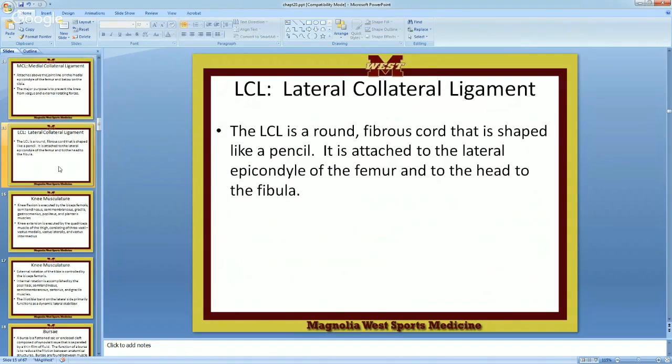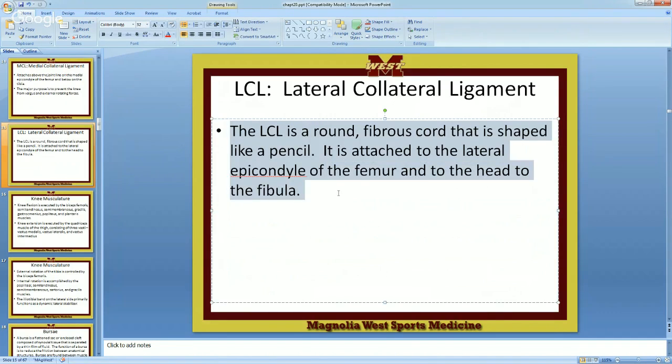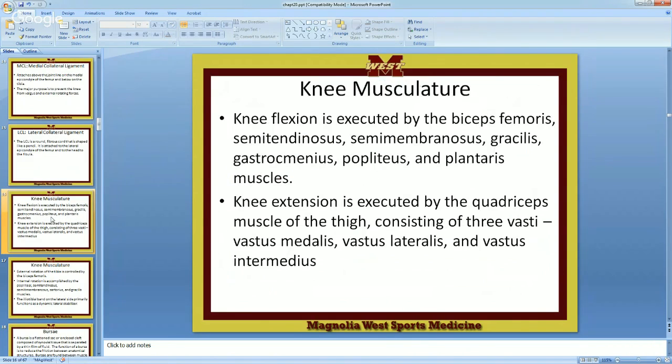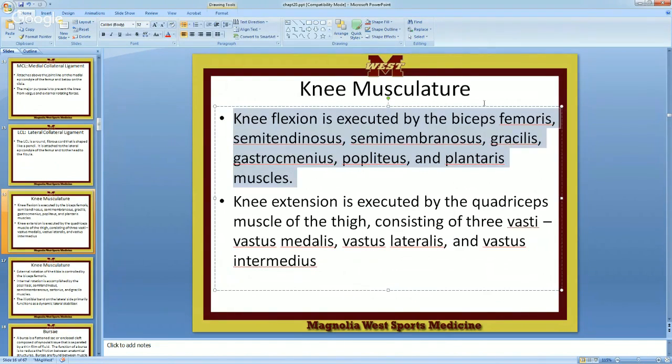15, lateral collateral. It's a round fibrous cord shaped like a pencil. It's attached to the lateral epicondyle of the femur and to the head of the fibula. 16, you've got 2 questions on 16. Name, list, which is going to be naming, or you got to write these out.